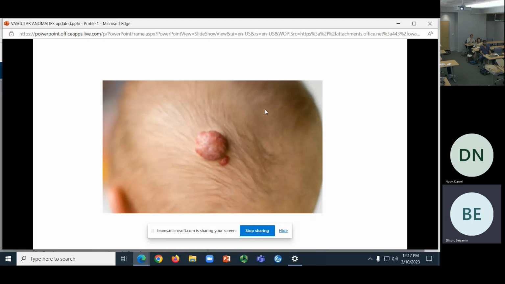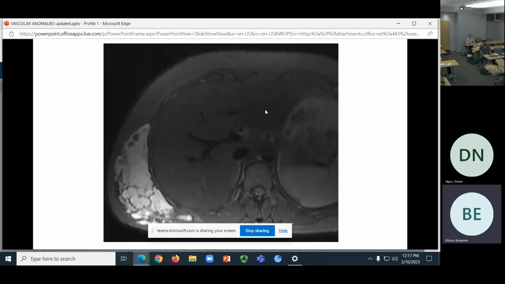So MRI is usually the best study to look for vascular anomalies and see how deep they go, how extensive they go, what important structures they're close by, because all of that will affect your treatment plan.